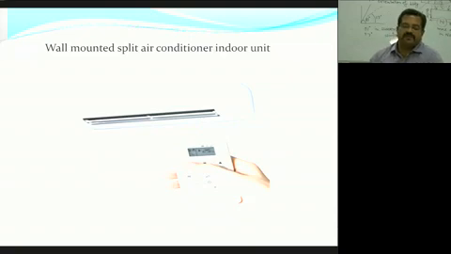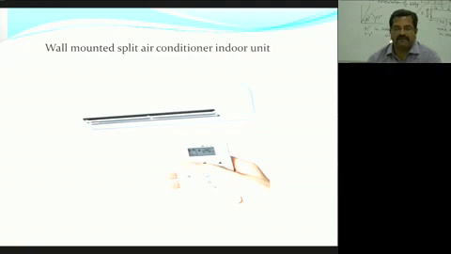In the same function, here you can see one type of split air conditioner. This is a wall mounted split air conditioner. Usually we set all these wall mounted split air conditioners on the wall at a level of 7 feet to 8 feet.